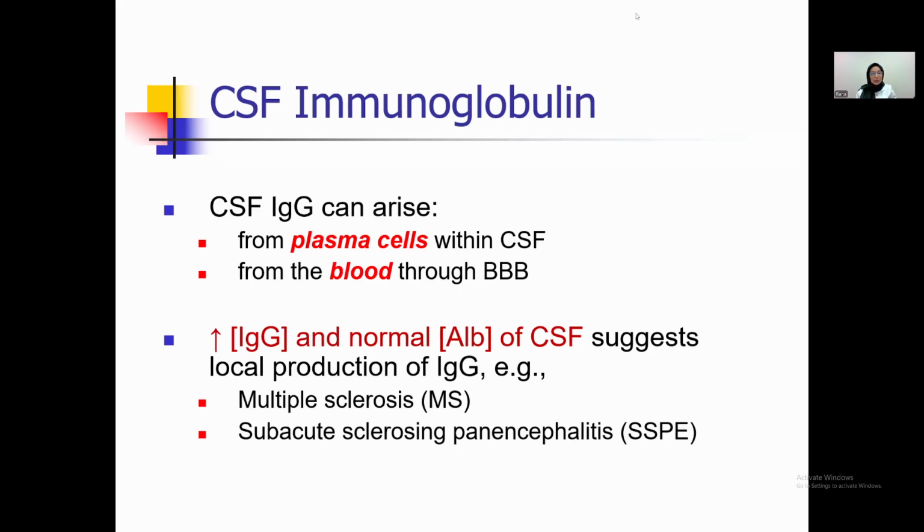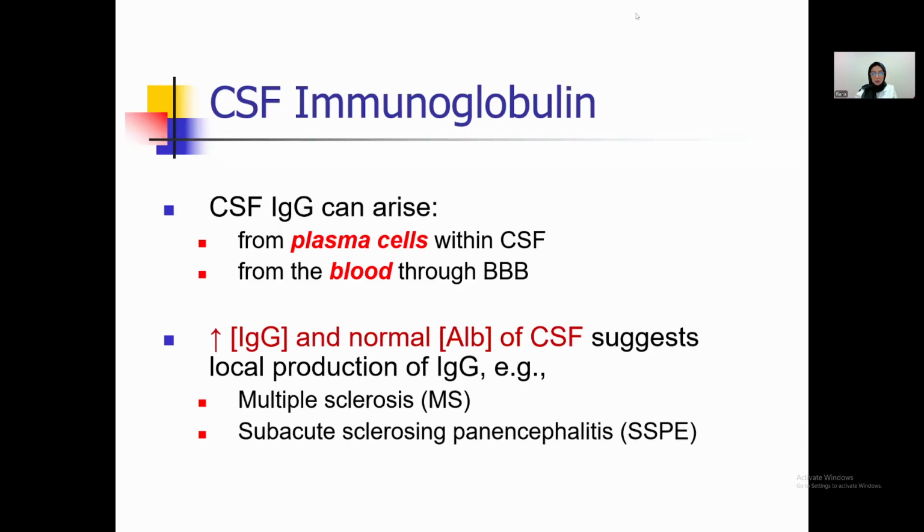If not, we have to consider subacute sclerosing encephalitis, which is usually less common than MS, which is usually the most important one. You got it? So we have high protein, we do sub-measurement of albumin and immunoglobulin. If albumin is normal and immunoglobulin is high, the protein is high due to immunoglobulin, that means there is local synthesis and it's mainly multiple sclerosis.